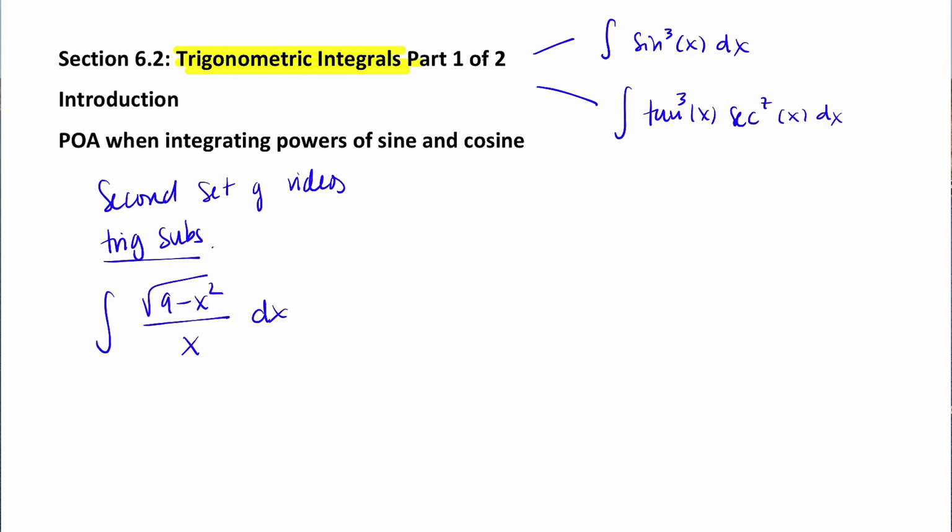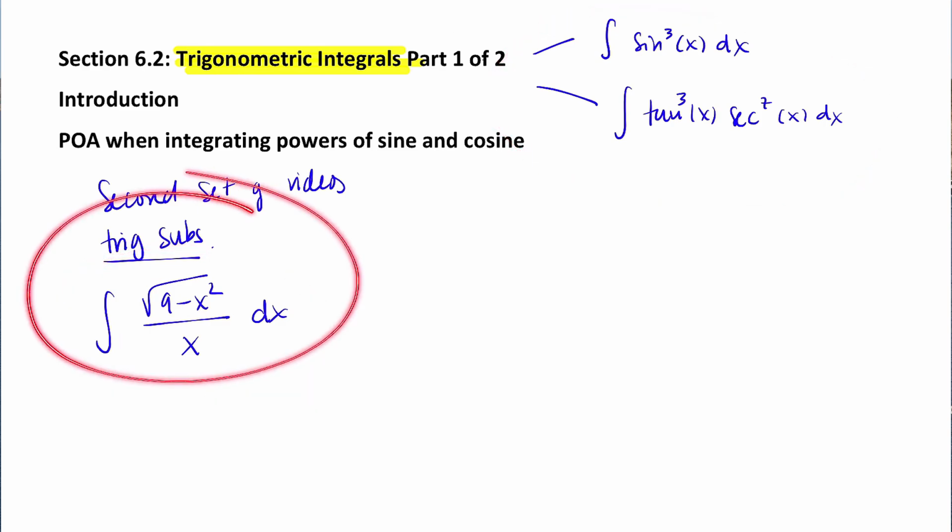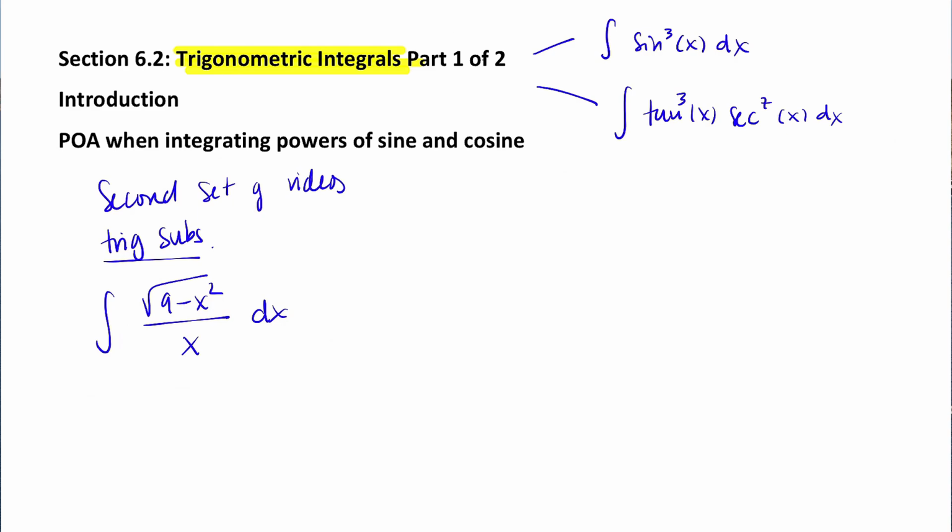You look at that top, and the fact that you have a difference of two squares looks like it could have something to do with the Pythagorean theorem, okay? So we're going to look at trig integrals first, and then we're going to look at trig substitution. So let's get started.